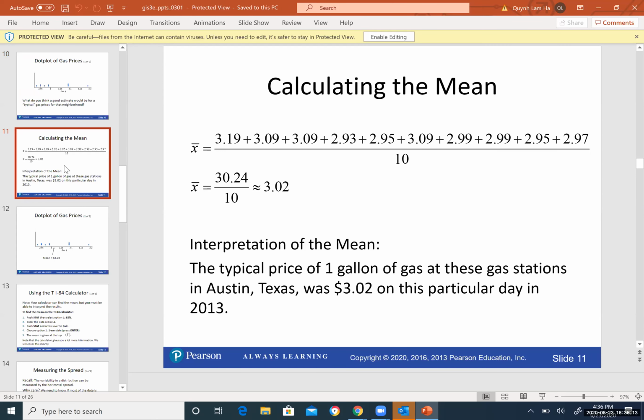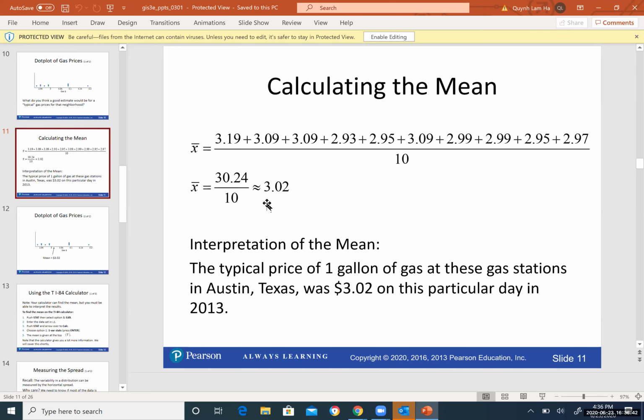Let's come back to the example we are talking about, the gas stations. Here is how you find the mean. In a sample, the notation for the mean is x bar. We also call it the sample mean. You see that they add all of the data given and divide by 10 because we have 10 gas stations.